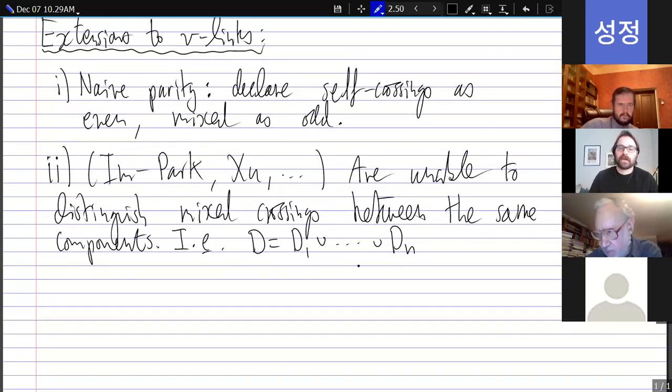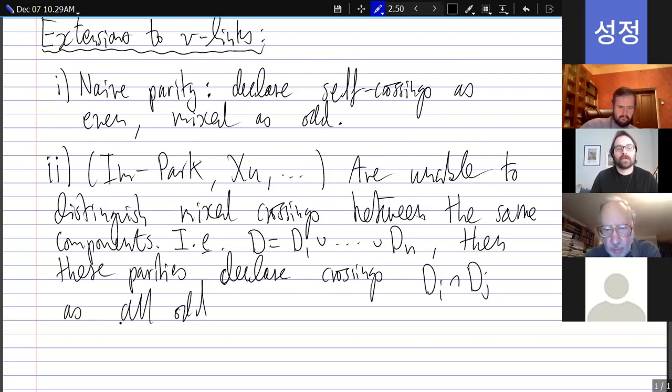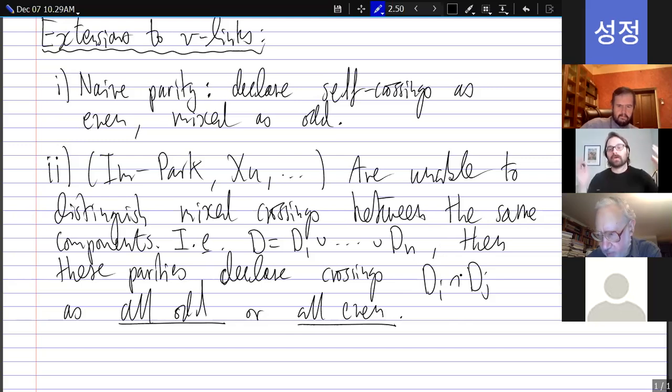If we have such a link, then these extensions declare crossings between the ith component and the jth component as all odd or all even. So it means that if one crossing between these two components is odd, then they're all odd.